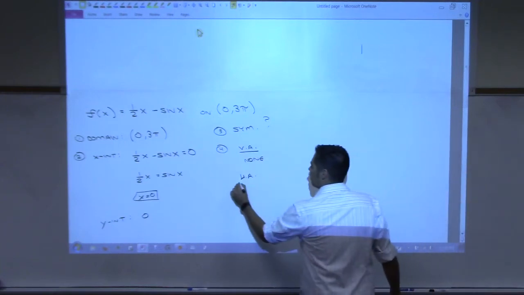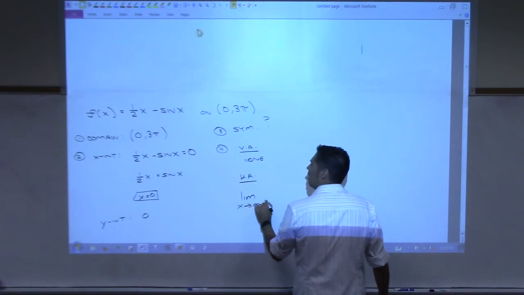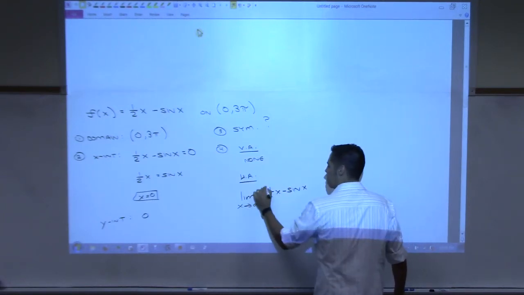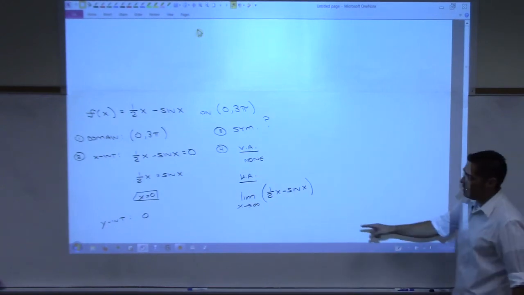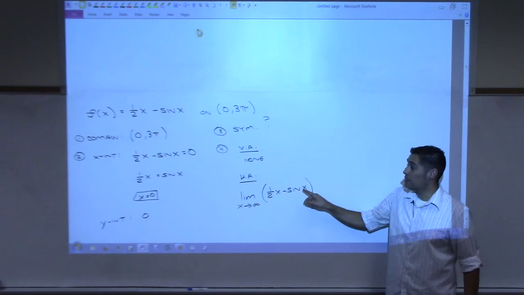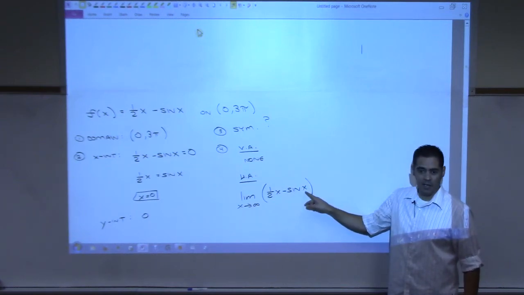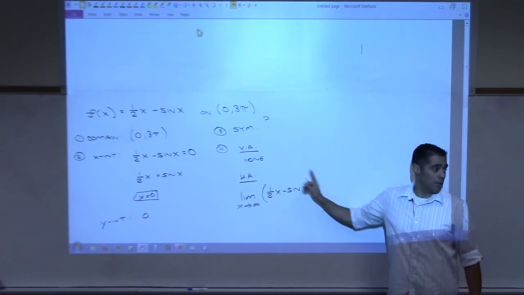All right, so what's the limit as x goes to infinity of the function 1/2 x minus sine x? It's infinity minus sine of infinity. Sine of infinity is not infinity. You're saying the whole thing is still infinity?